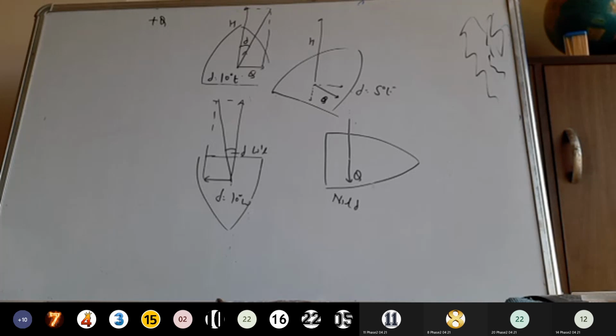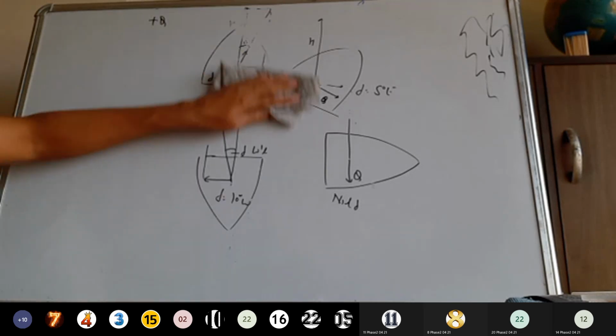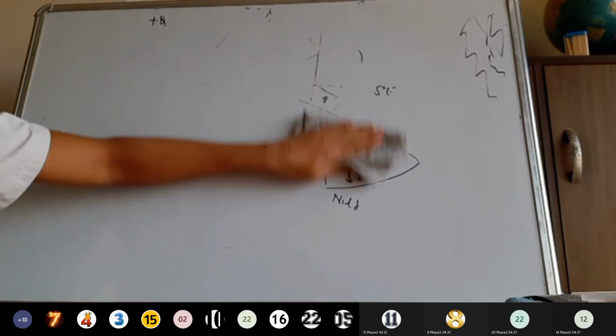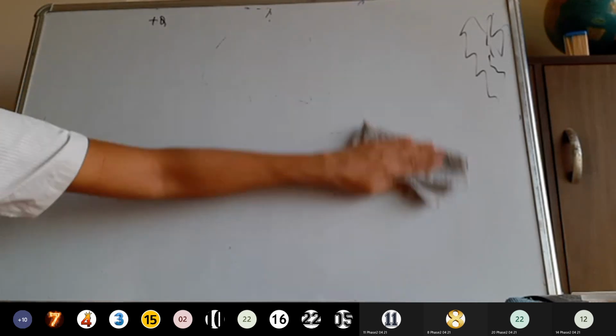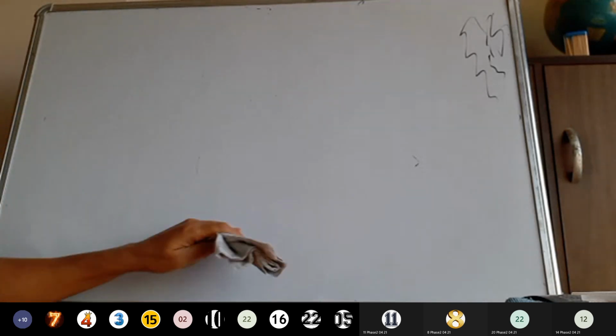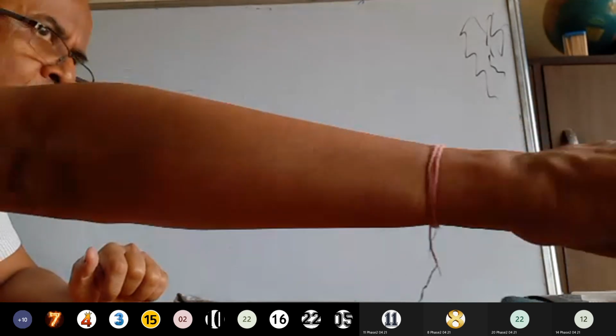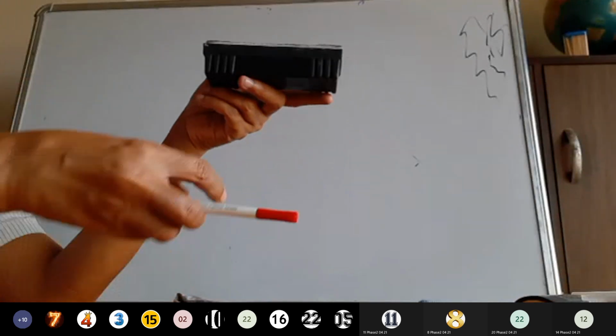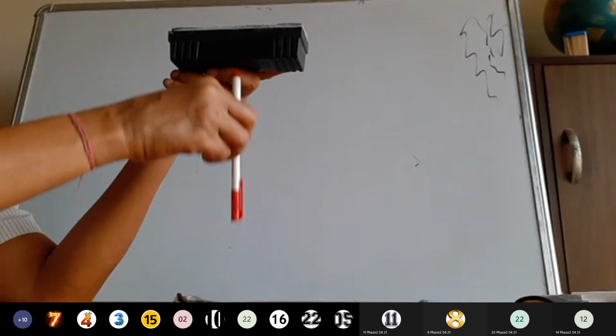It will not depend on heading, because anything which is vertical will not get affected by the heading. Vertical is vertical irrespective of the heading. Let us say the ship is sailing like this, and this force R is acting vertically downward like this.